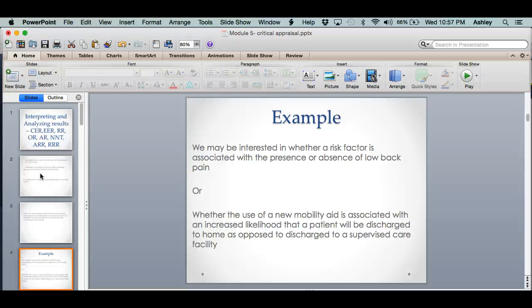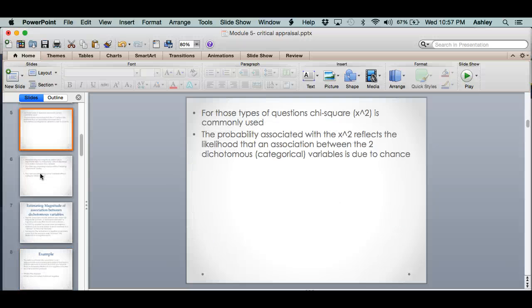We may be interested in whether a risk factor is associated with the presence or absence of low back pain, or whether the use of a new mobility aid is associated with an increased likelihood that a patient will be discharged to home as opposed to a supervised care facility. For those types of questions, chi-square is commonly used, and the probability associated with that reflects the likelihood that an association between the two dichotomous variables is due to chance.